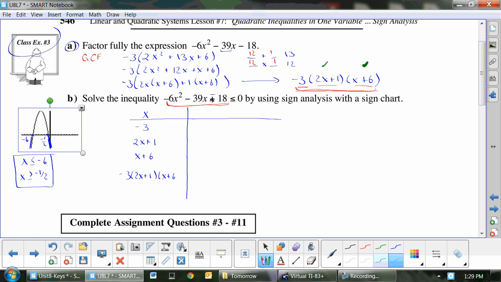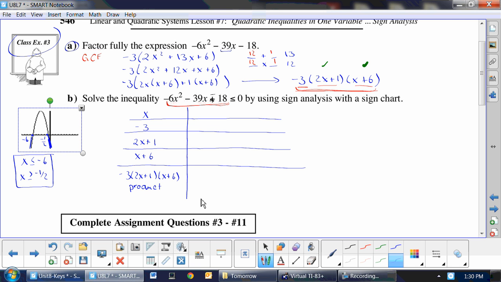When we're setting up our chart, we want to put all of our factors down the one side. So we have the -3, the 2x plus 1, the x plus 6, and then we have them all together. So we have the product. And on the test, we'll give you a chart. You don't even have to draw it.